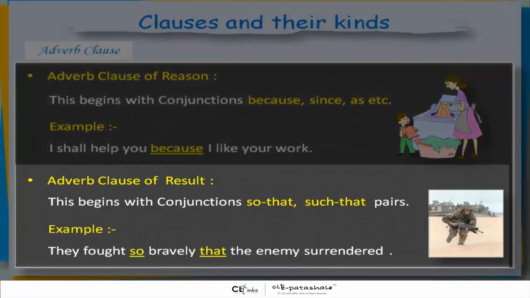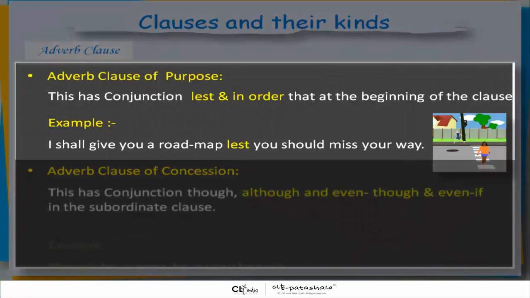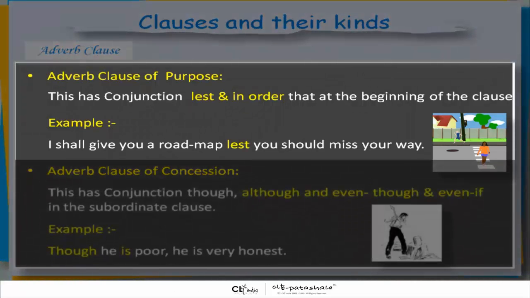Adverb clause of result. This begins with conjunctions so that, such that pairs. Let's see an example. They fought so bravely that the enemy surrendered. Adverb clause of purpose. This has conjunctions like lest and in order that at the beginning of the clause.